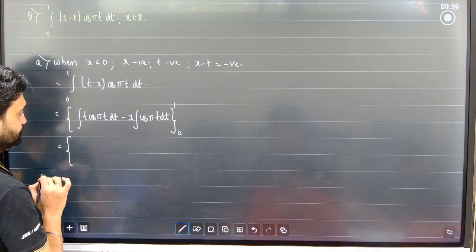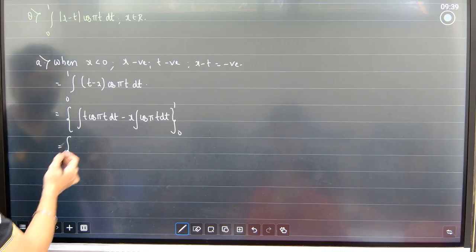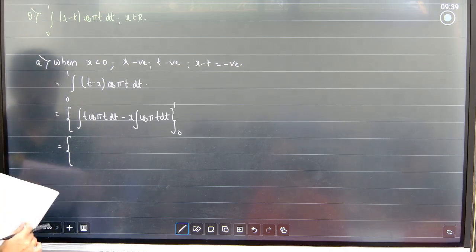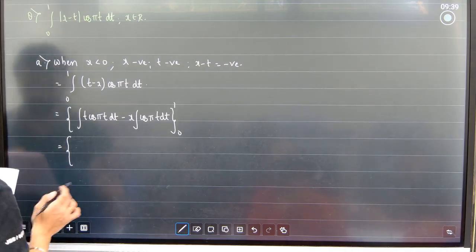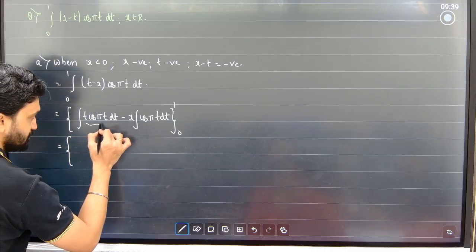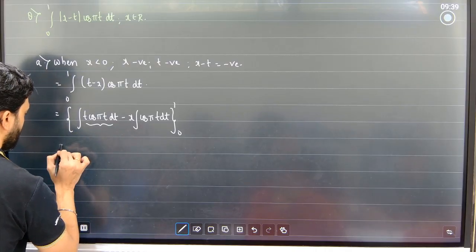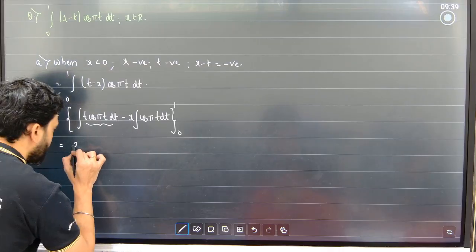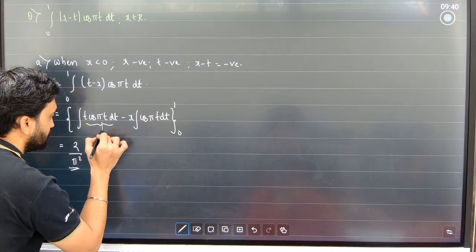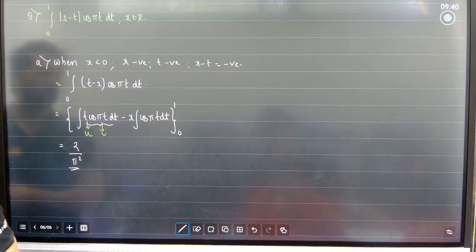Use u into v; you can do it by the shortcut method. t is LIAT, so I'll differentiate it and integrate the other. You have to solve it by integration by parts. When I solve this, I'll directly get the answer as 2 upon pi square.